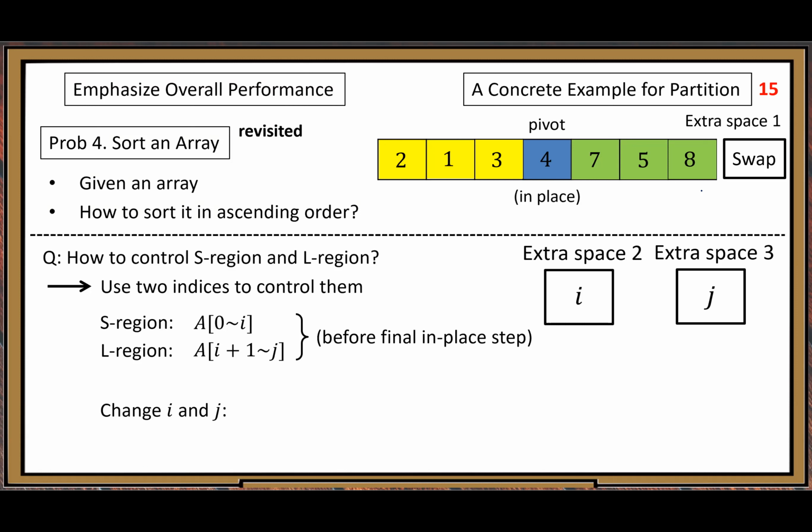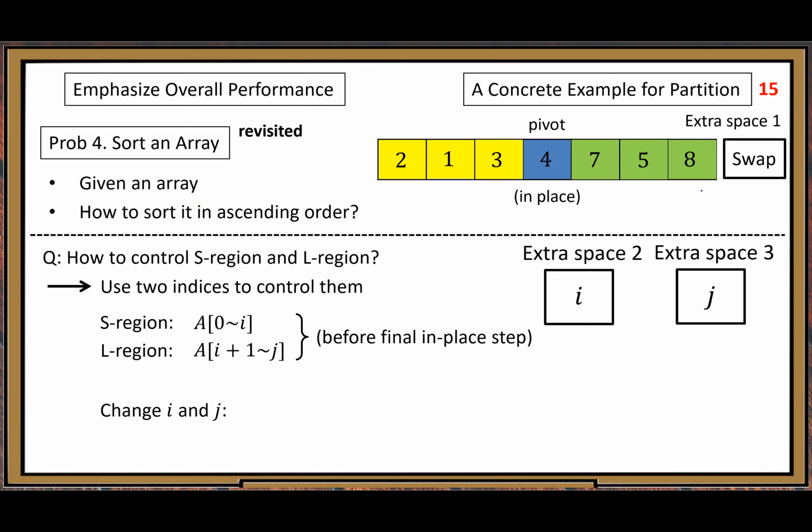What do the S region and L region stand for? The S region means the elements in this region are smaller than or equal to pivot P. S represents smaller. Smaller or equal, equal we also include.